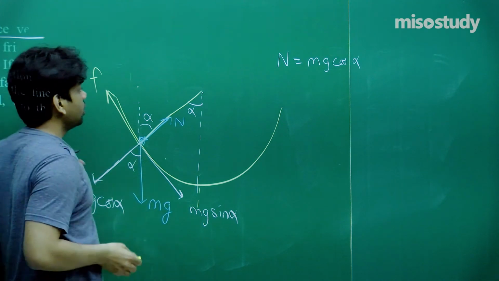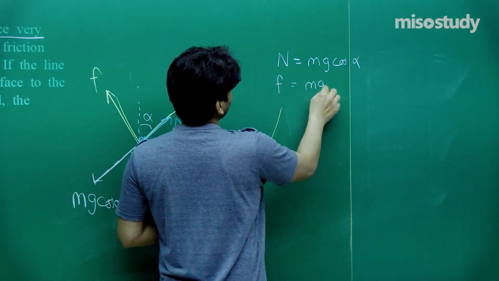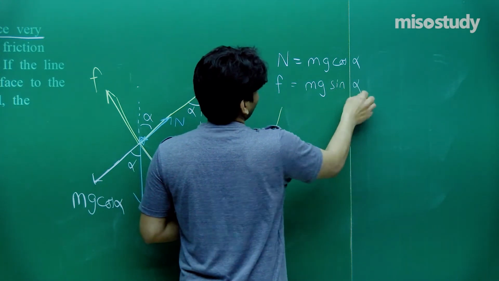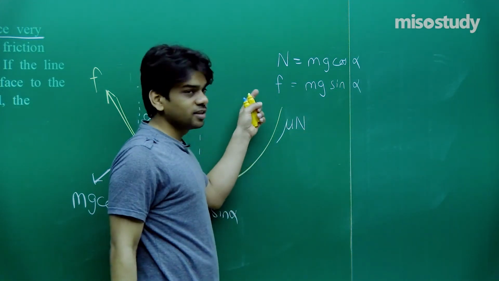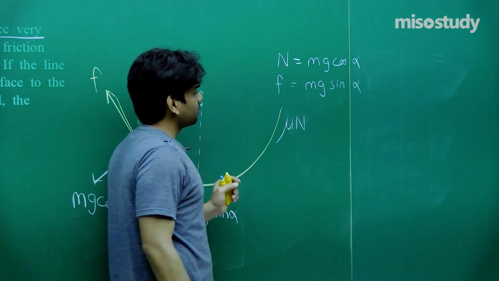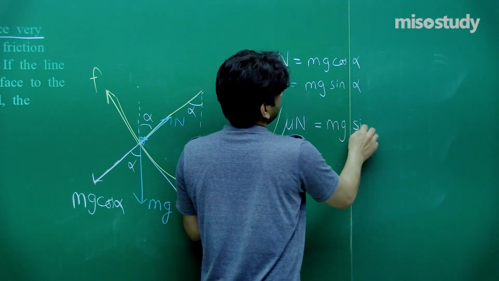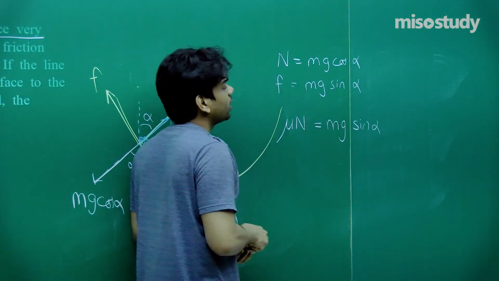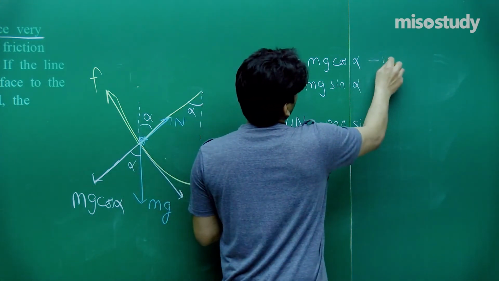So what I'm going to write, F is equal to mg sin alpha. Because we are talking about the limiting case, limiting friction, that's why I have directly put F is equal to mu into N. Otherwise we cannot put F equal to mu N. Mu N equals mg sin alpha. Now let me take this as equation number 1.